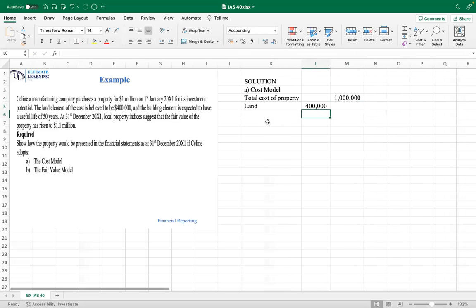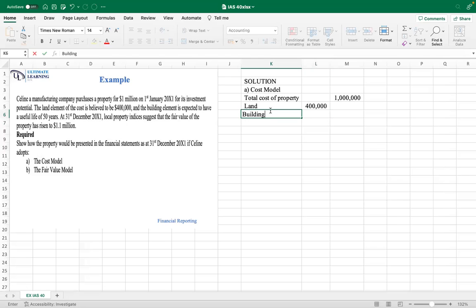And remember, property is land and building. And building had the balance. The balance is 1 million minus 400,000, which gives us 600,000. So that adds up still to that 1 million. So I don't even need to show that. We know that the total is 1 million.